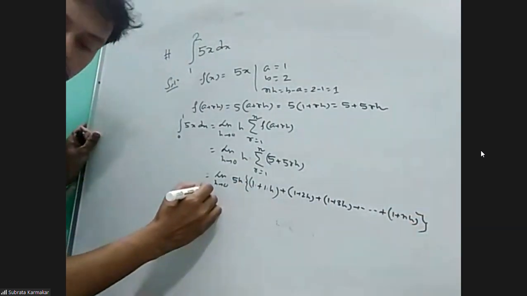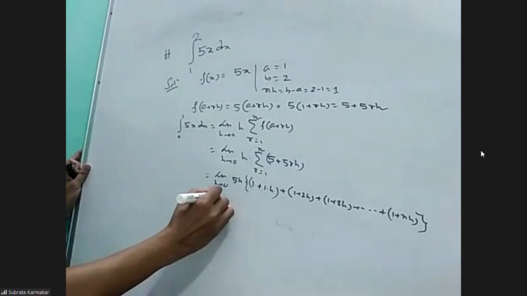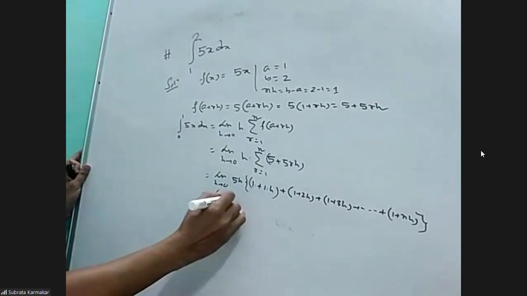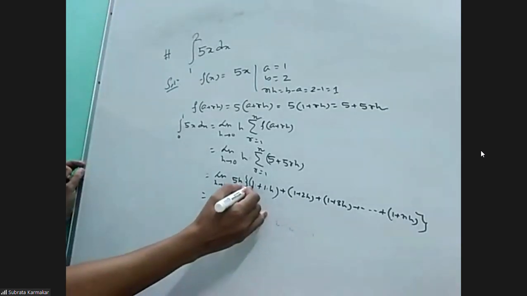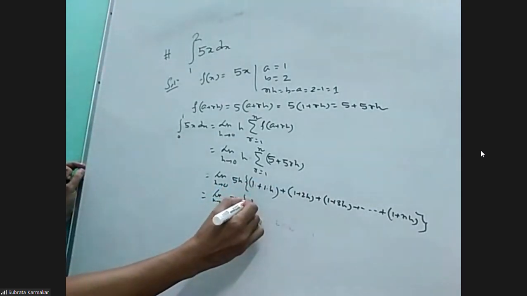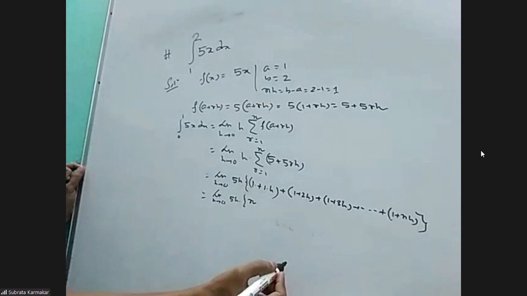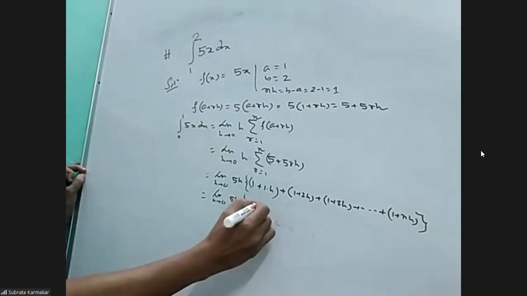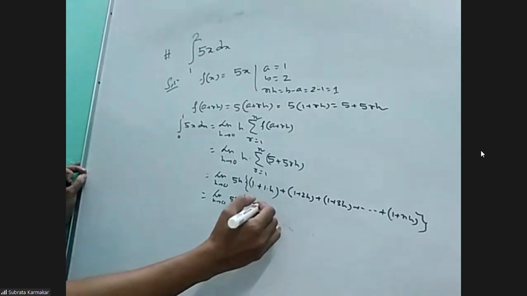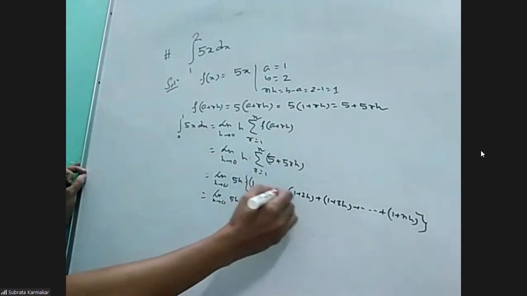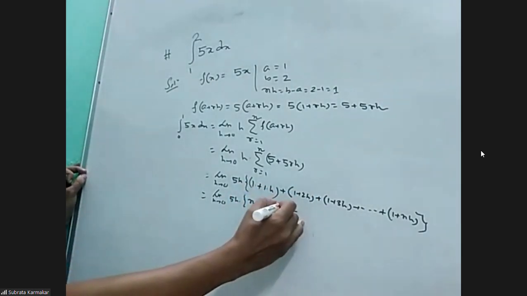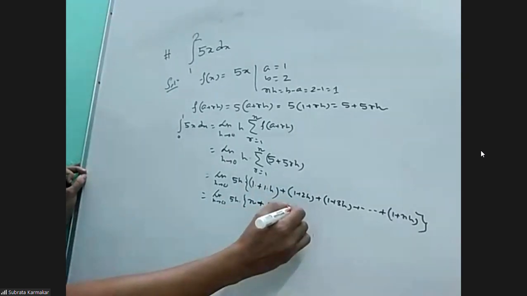Now limit h tends to 0, 5h. First part, you see, is 1, 1, 1, n times. So it will be n into 1, plus, if you take common h, what will you get? Within the bracket, 1 plus 2 up to n, so it will be n into n plus 1 by 2.